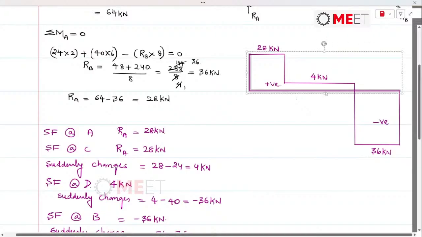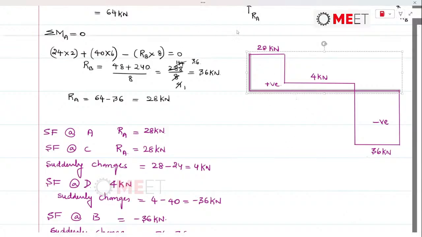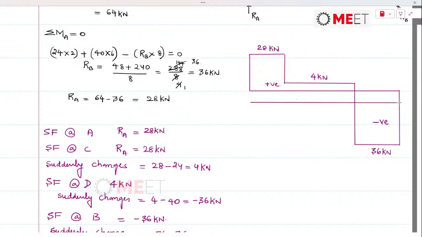Just remember that. And now the bending moment diagram is to be drawn. So let me just draw the baseline. So this will be the baseline, and at A it is 0. At B it is also 0.